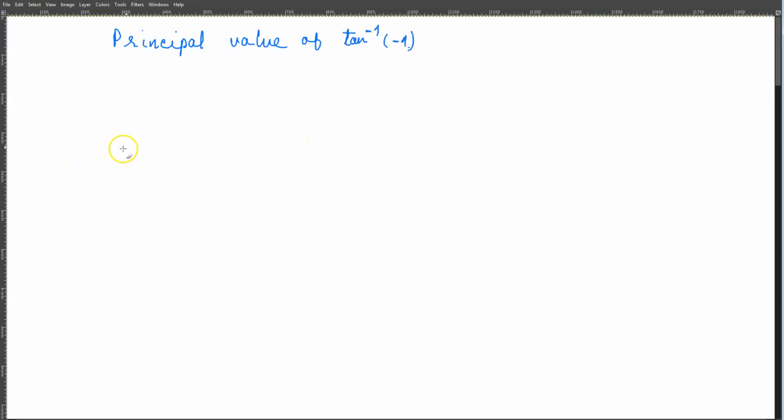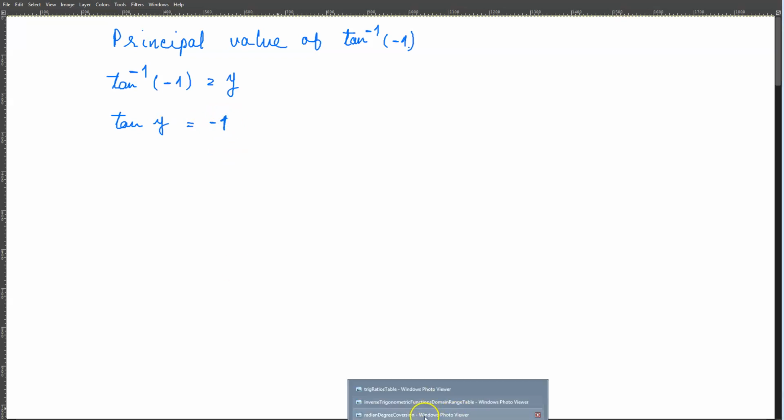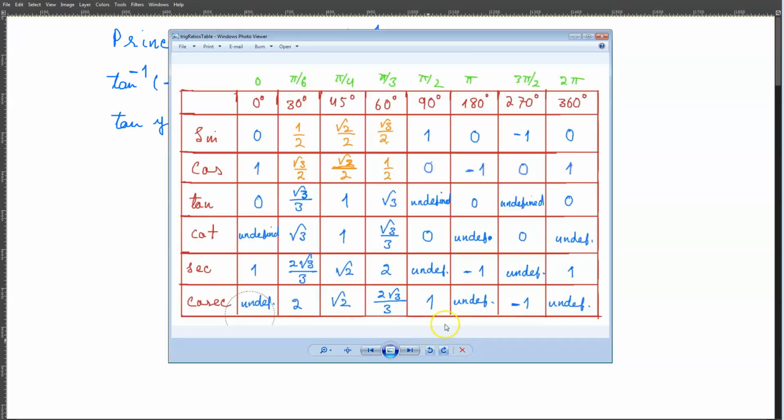Now, if I say that the tan inverse of -1 is equal to y, that means that tan of y as an angle is equal to -1. Let's take a look at the table that we have.